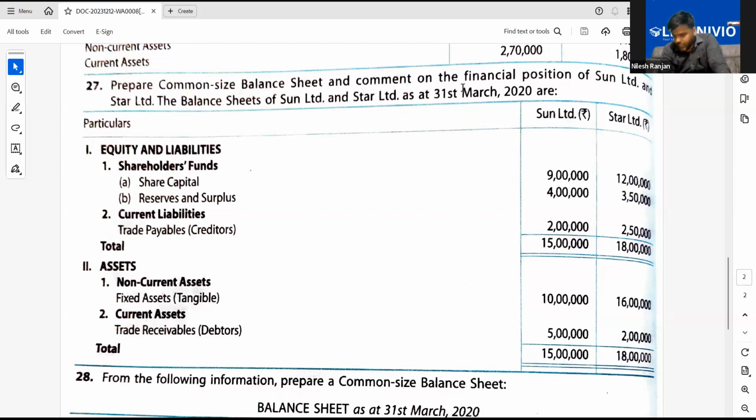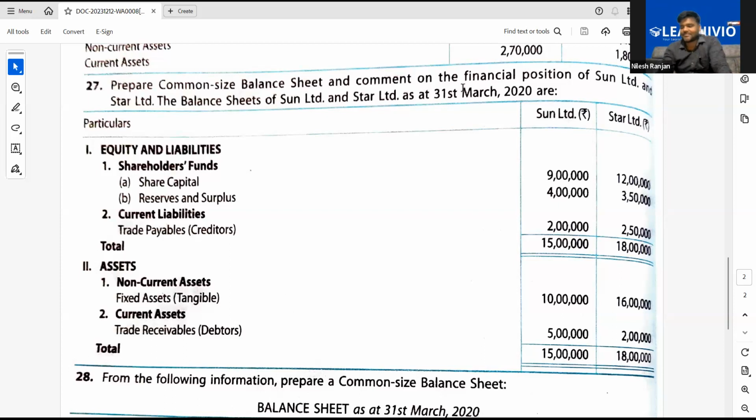Have you completed any part now, Sumaya? Yes, sir. Both Sun Limited and Star Limited? Yes. Did you get the same answer as Nadia said? I couldn't hear her, sir. Okay. So tell me the percentages of Sun Limited. For share capital, I got 60%.